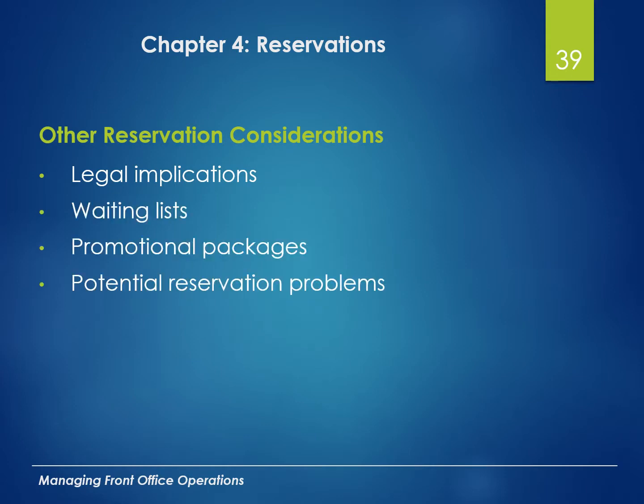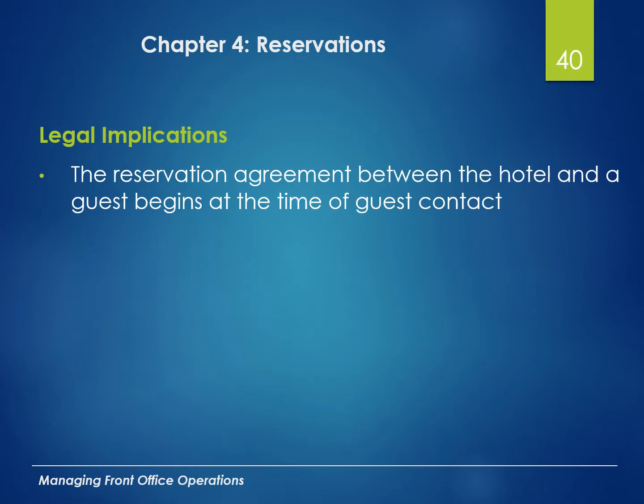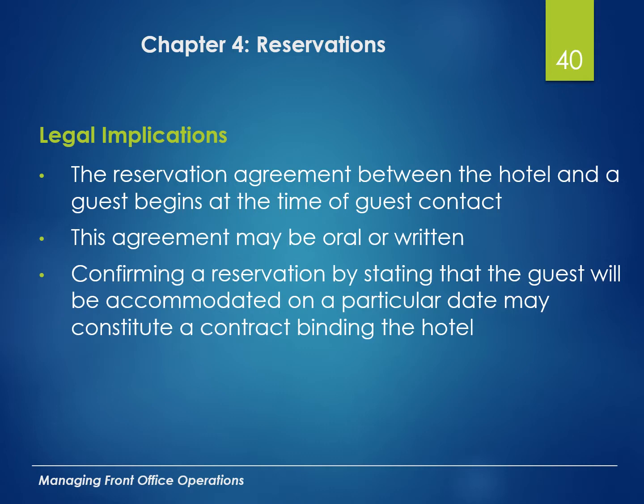All right, so of course, legal implications of reservations. We want to make sure that we are offering our guests rooms to everybody, that we're not turning people away when we actually do have rooms available, that we're not being discriminatory in nature. We also want to make sure that if somebody comes in with an ADA, a disability, that we have those rooms available. So oftentimes the ADA rooms are the very last rooms we're going to sell, because just in case we have a walk-in that requires an ADA room, unless of course all of our reservations have requested an ADA room.